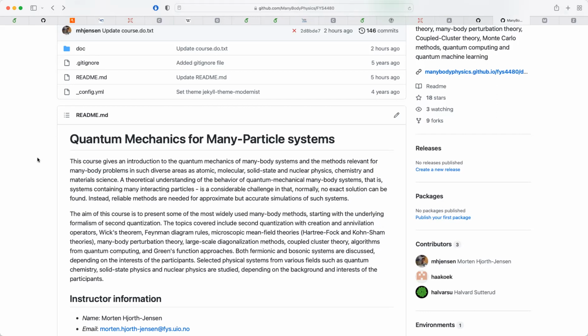And lately, I'm very much interested in many-body physics and machine learning and many-body physics and quantum computing. So this course has some elements on quantum computing. It does not contain elements about solving Schrödinger's equation or many-body problems with machine learning. If you're interested in that, we have courses in the spring which actually deal with that. Maybe Øyvind, you'd like to say something about yourself?